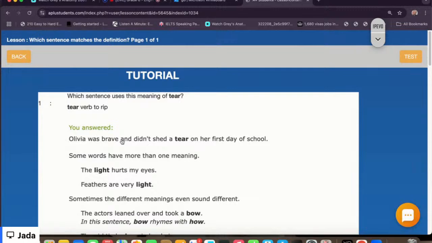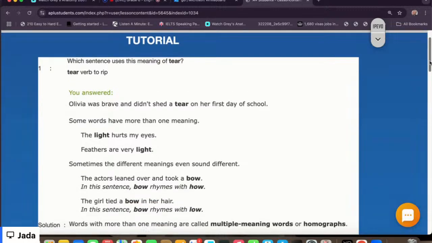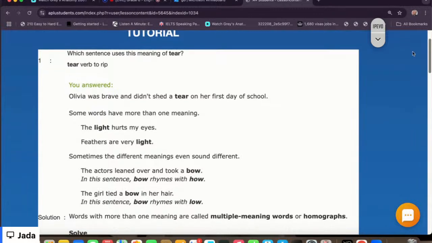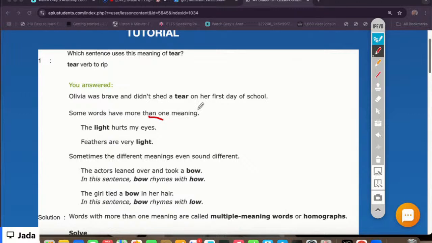All right, so this is basically the same thing like what we've done so far. Just like we've said that some words have more than one meaning, so the word could have different meanings, and they are called multiple meaning words or homographs. Okay, so let's look at some sentences here.